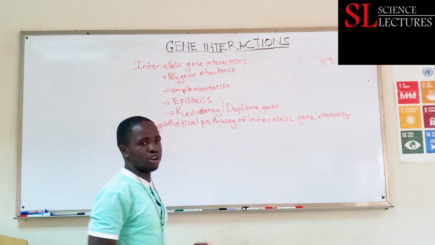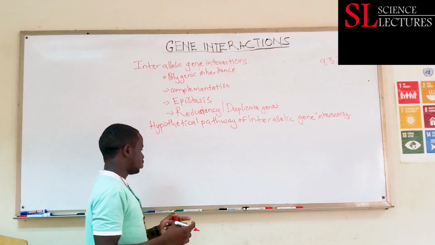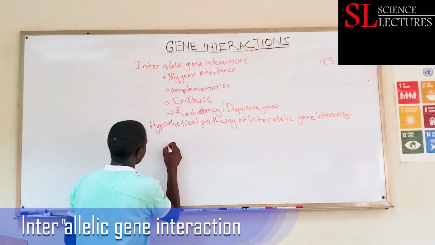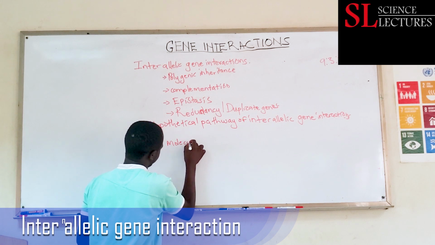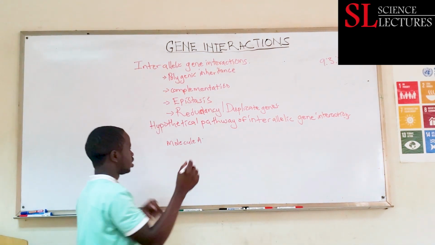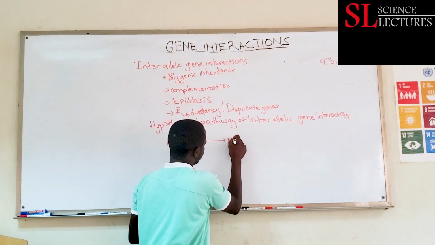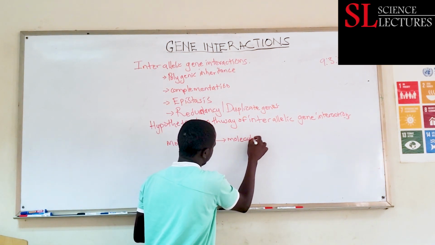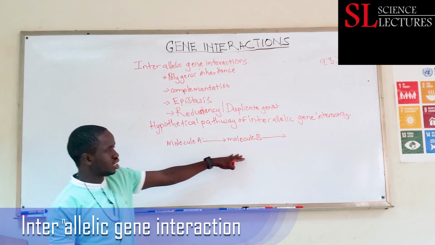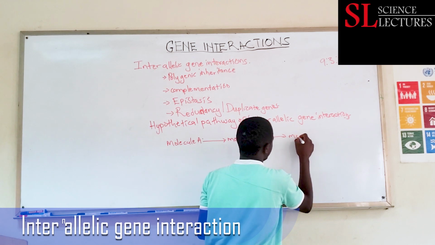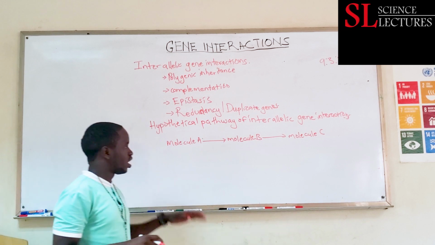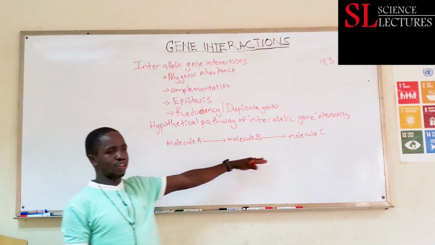So remember, we are dealing with genes. That means genes will code for a specific protein, which I'm going to call molecule A. But this molecule A needs to be converted to molecule B. Then this molecule B will still need to be converted to the final product, which I'm going to call molecule C. But the conversion does not happen out of the blue.